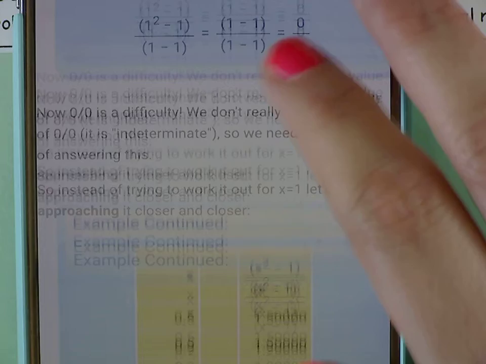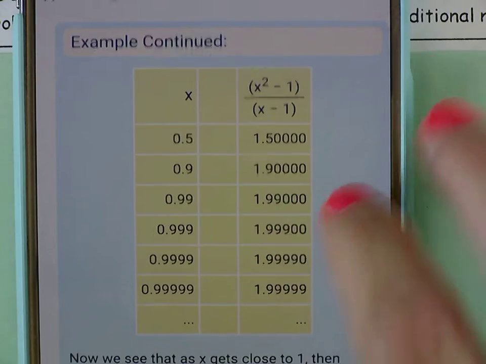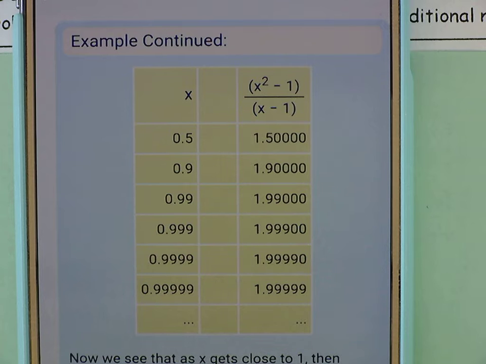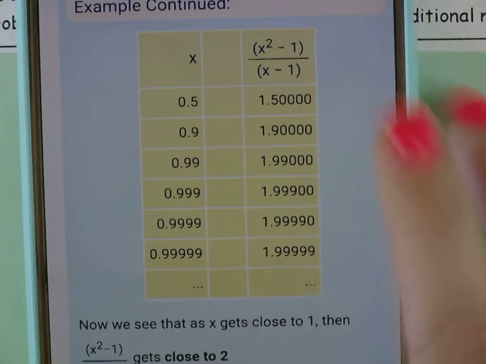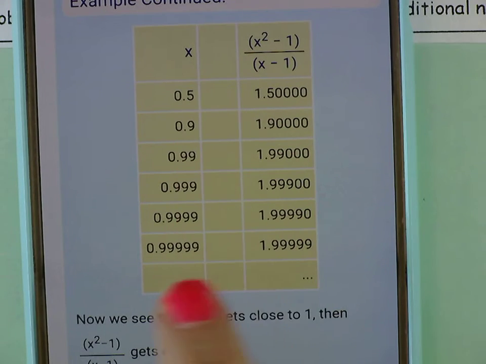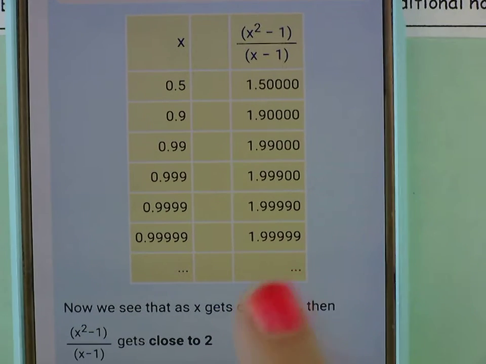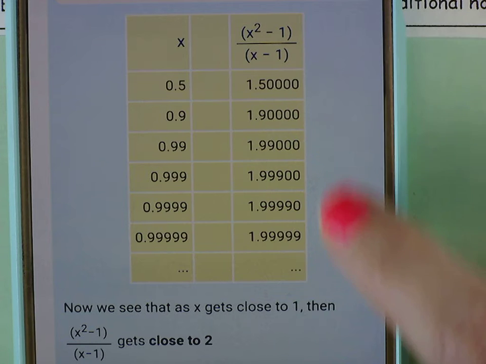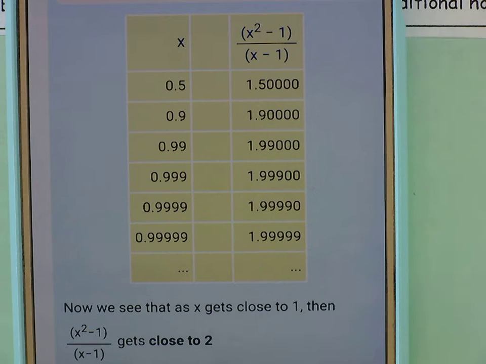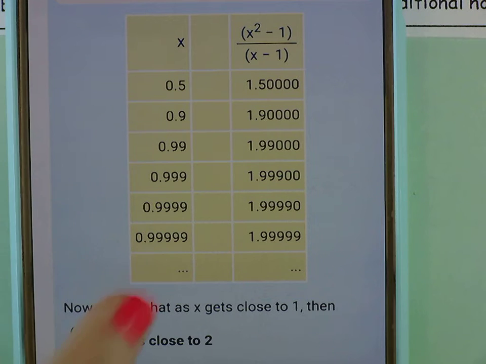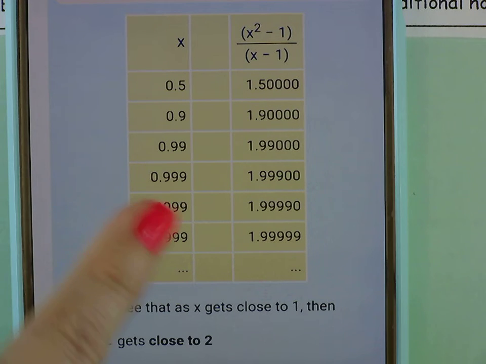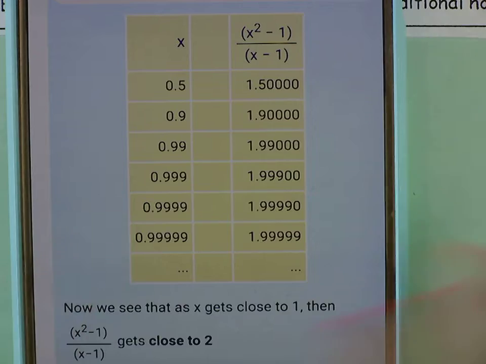However, if we instead make a table of these values, and you don't have to write this down, you can just listen. If you make a table of these values and see what happens as it's getting closer and closer to 1, you can see from this side of the table that what value are we approaching? Yeah, we're approaching 2. We would say this is approaching 1 from what side, the left or the right? From the left side.